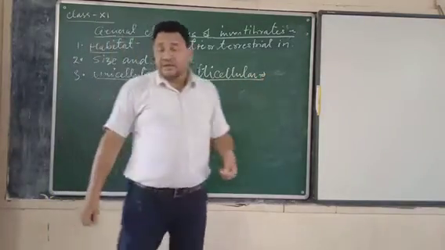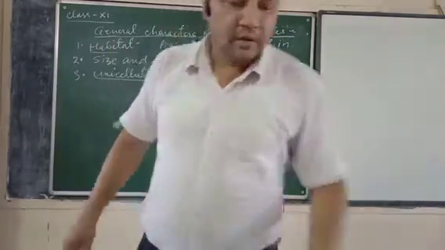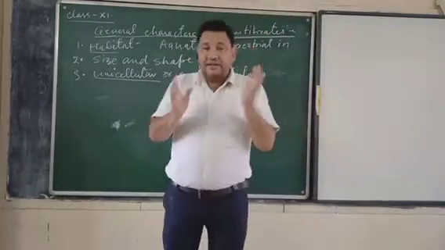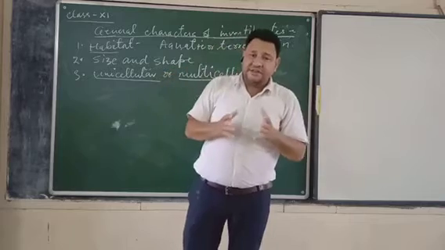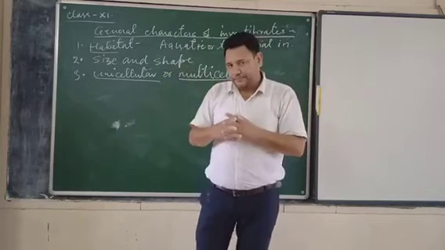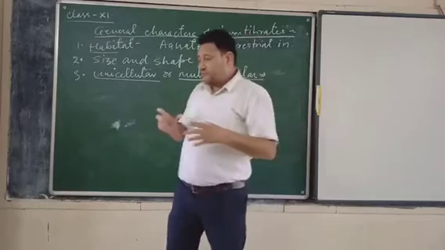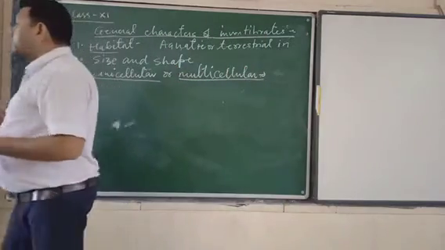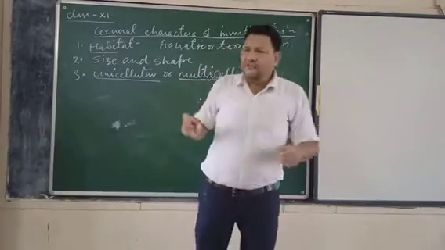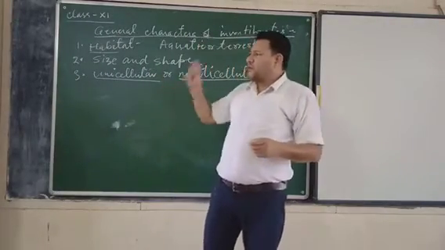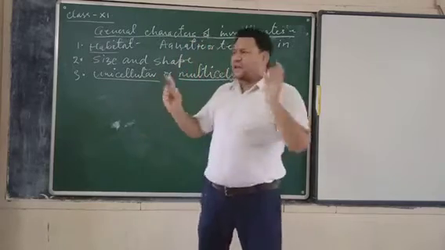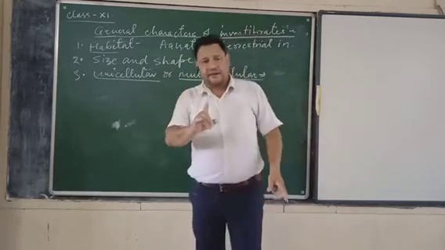Unicellularity or multicellularity is a way to define the complexity of an organism. If an organism is unicellular, it means that all the functions like digestion, reproduction, respiration, and excretion are done by a single cell.